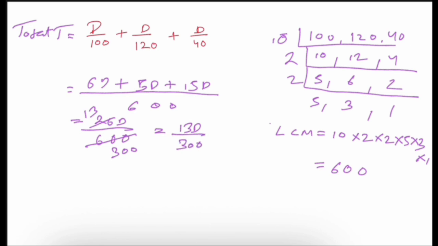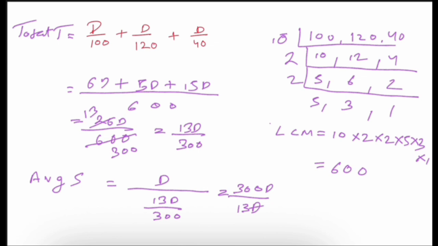So the average speed here will be the total distance. As you mentioned before, the total distance is D, and the time is 13D by 300. If we shift this 300 above, it will be 300D by 13D. So D cancels.